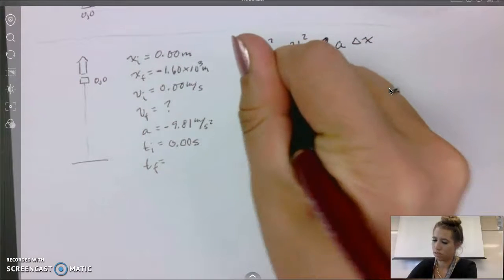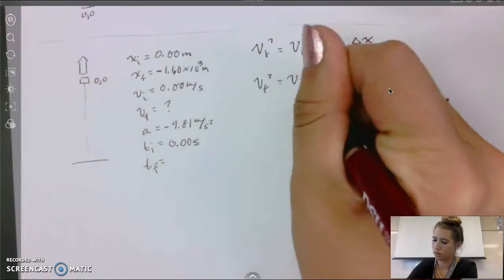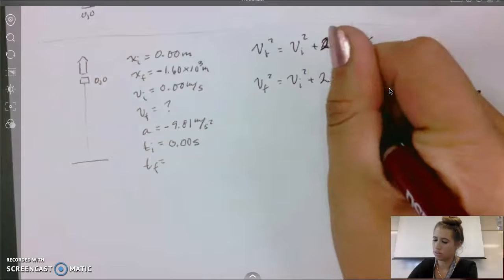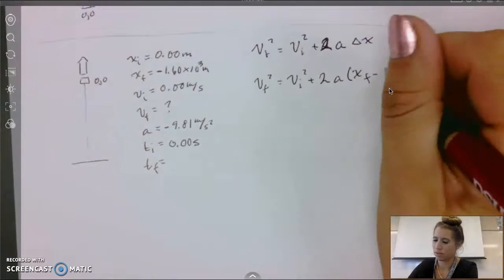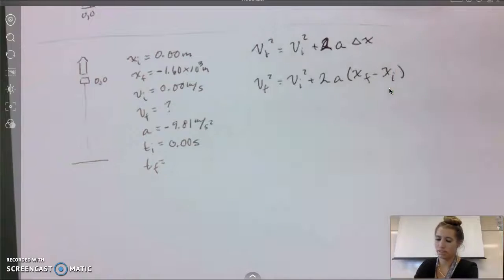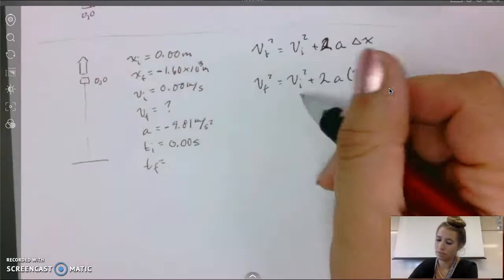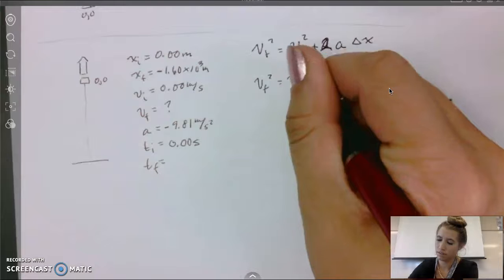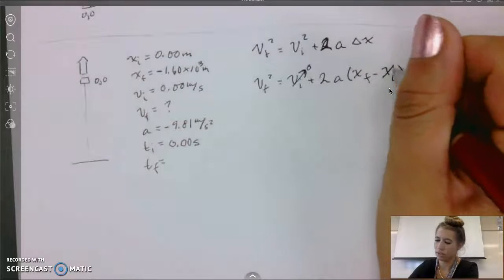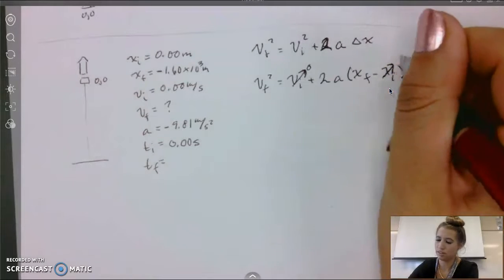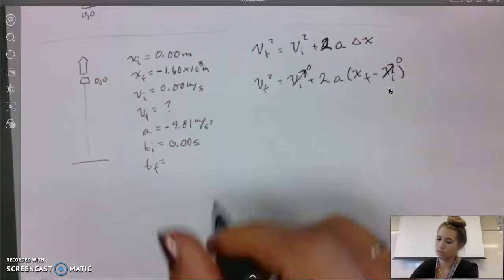Velocity final squared equals velocity initial squared plus 2 times acceleration. I'm going to open up that delta x, x final minus x initial, and let's get rid of our 0 points. Okay, so velocity initial, that's 0, and position initial, that's 0.